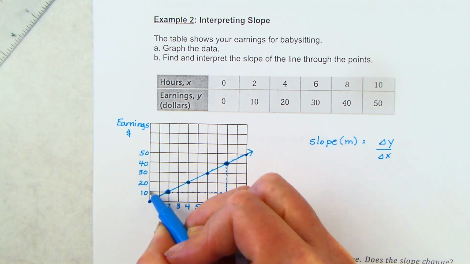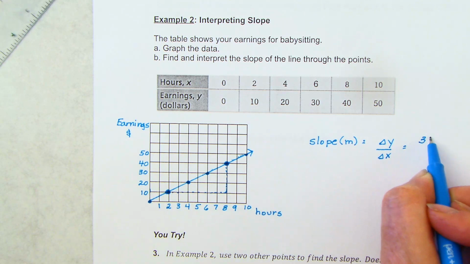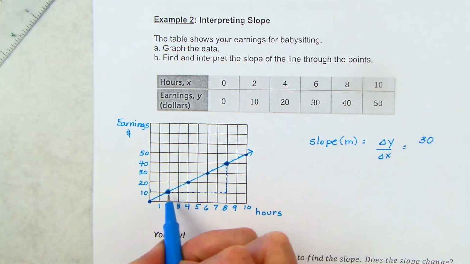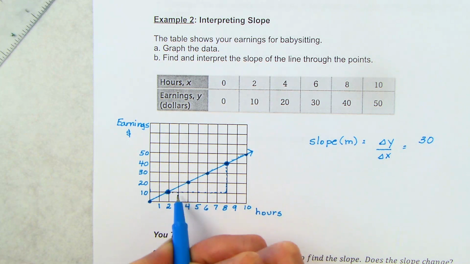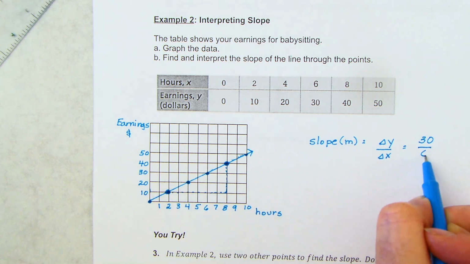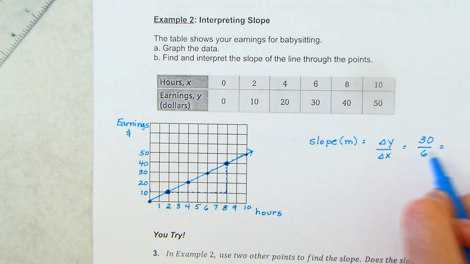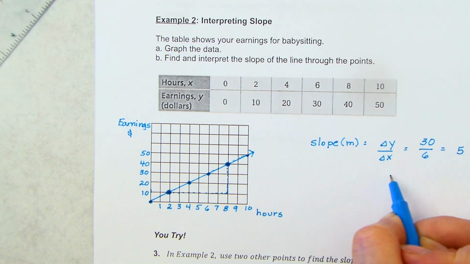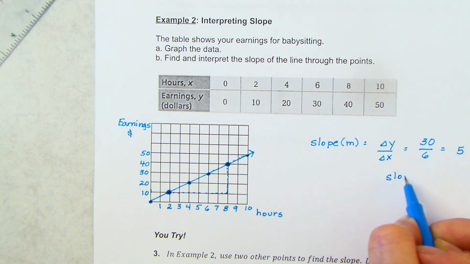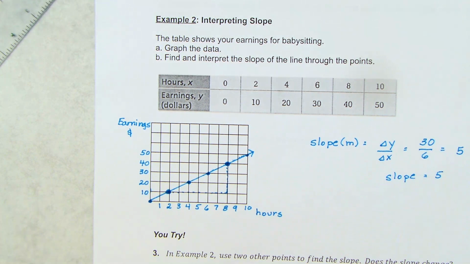So if I'm going from 10 up to 40, that changed 30. That was $30. And then the change in the x value, those are counting by ones. So 1, 2, 3, 4, 5, 6. All right, so be careful about your scale. And then when I simplify that, 30 divided by 6 is 5. So my slope is equal to 5.